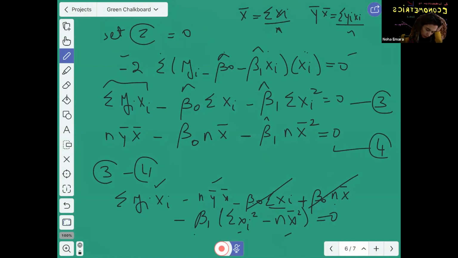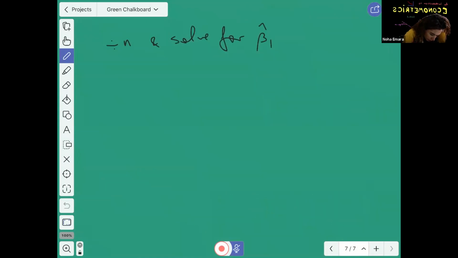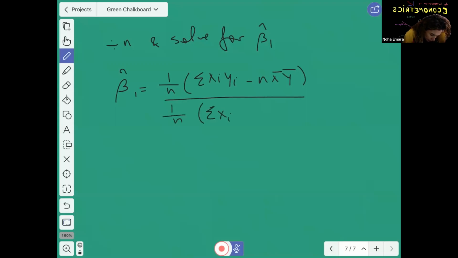When I do that, it's going to be 1 over n, the sum of xi yi minus n x bar y bar, divided by 1 over n, the sum of xi squared minus n x bar squared. And actually these two can cancel with each other, and you can write it in an easier way.